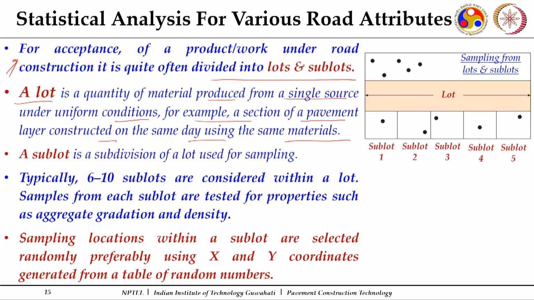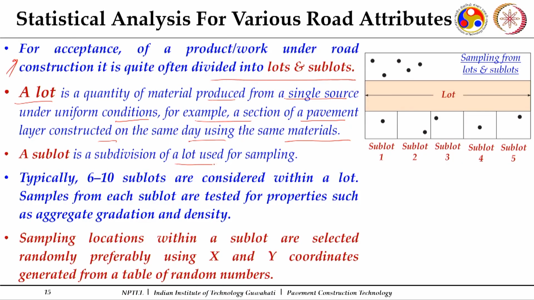But there may be chances that within one day's work a major variability exists which is known to you, and then we can consider it as 2 lots. Otherwise, normally in practice one day's work is considered as 1 lot.